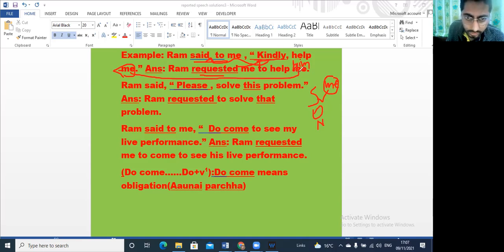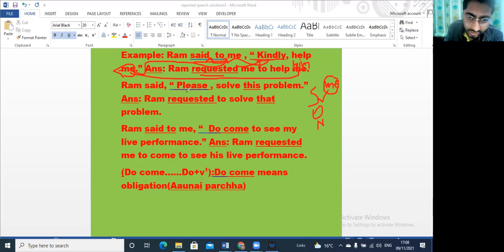So let's check out for me what is the objective form he used here. Ram said to me. Me could be male or female. In context of male, we can use him for he, her for she. Okay. Ram requested me to help him. Ram said, please solve this problem.